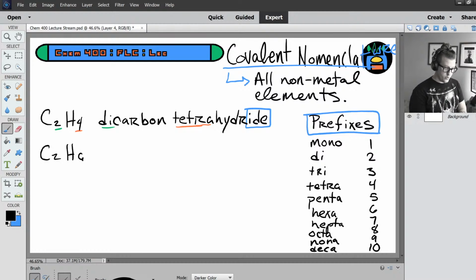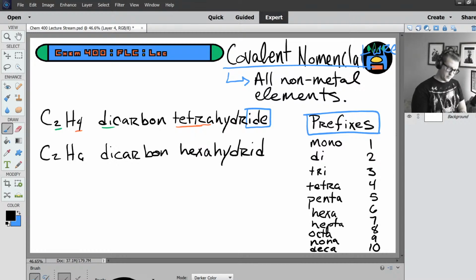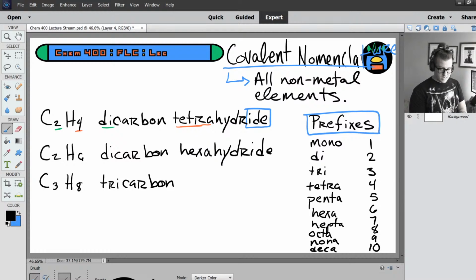C2H6 would be dicarbon hexahydride. C3H8 would be tricarbon octahydride.